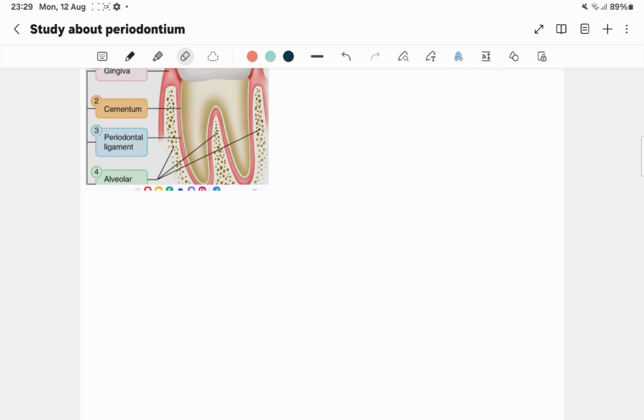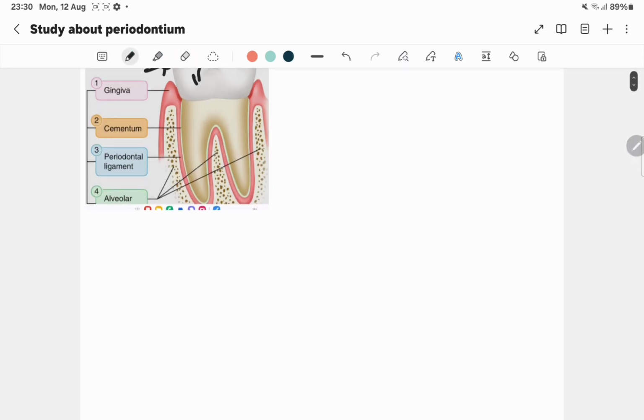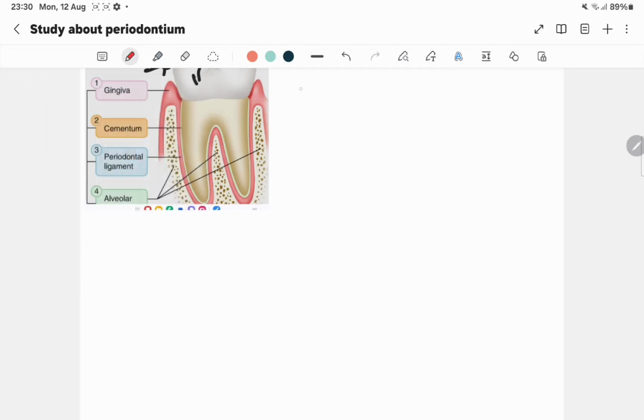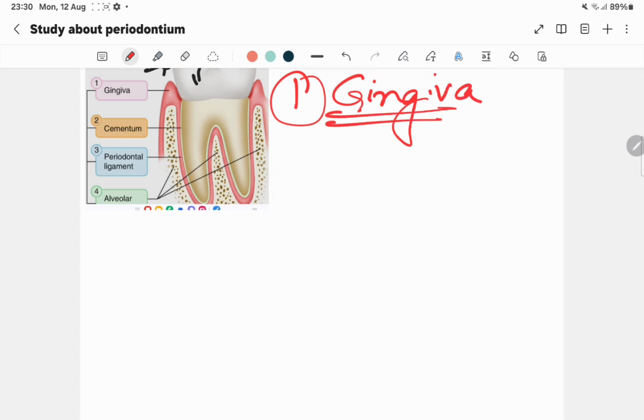Next, coming to the gingiva. So the first one is gingiva. Now, what is gingiva? According to the Glossary of Periodontal Terms, 2004 edition, it is a fibrous investing tissue.